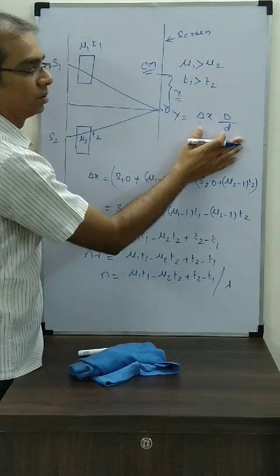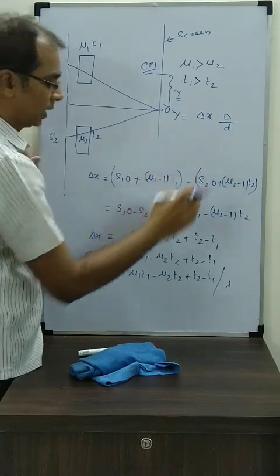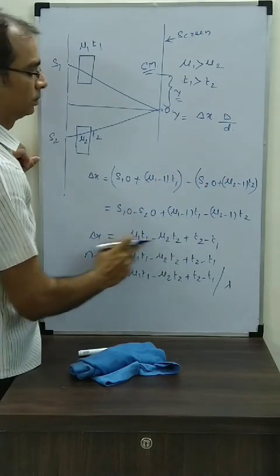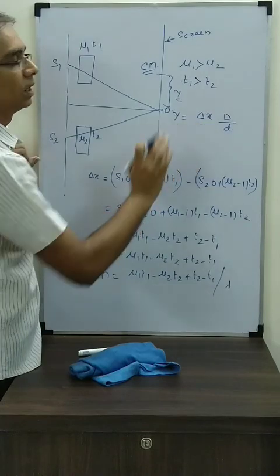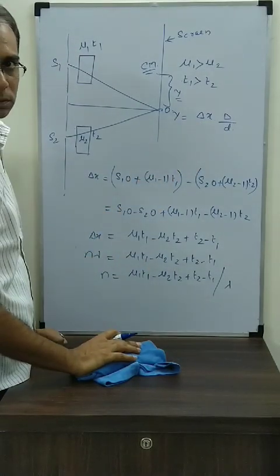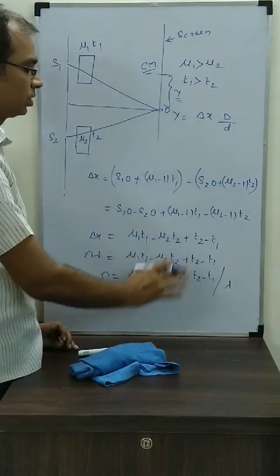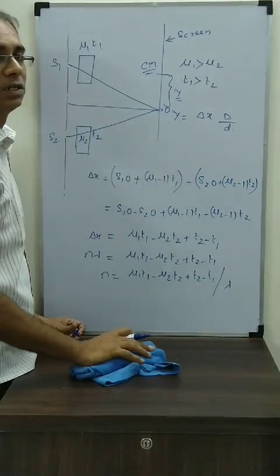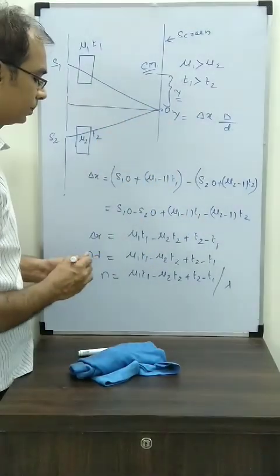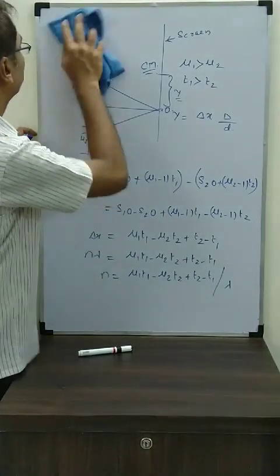That formula we are going to use. Okay, so delta X value we already have calculated here. I am going to put in this one, so we will be getting Y value. Is it okay? So this is the position of central maxima from center of the screen. Okay. Then further what we can do?